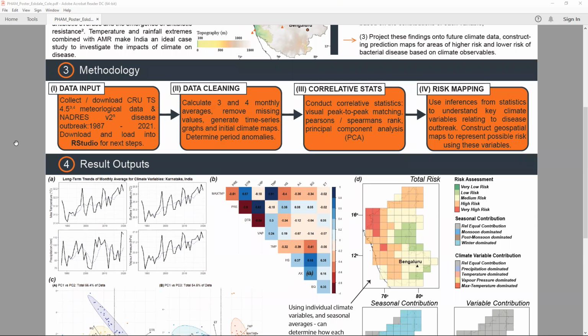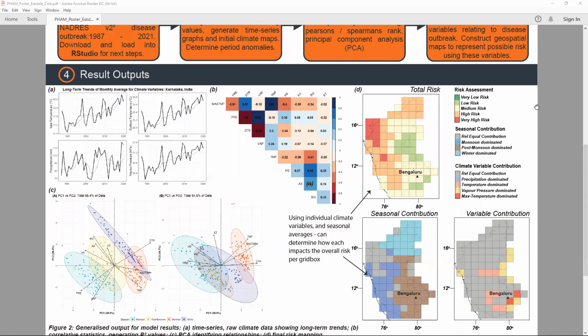We then conducted correlative statistics, first with visual peak-to-peaks, then followed by more quantitative assessments using Spearman's rank and principal component analyses. We then finally used the inferences from the PCA and the statistics to create a climate risk map based on the relationship of the diseases with the climate data.